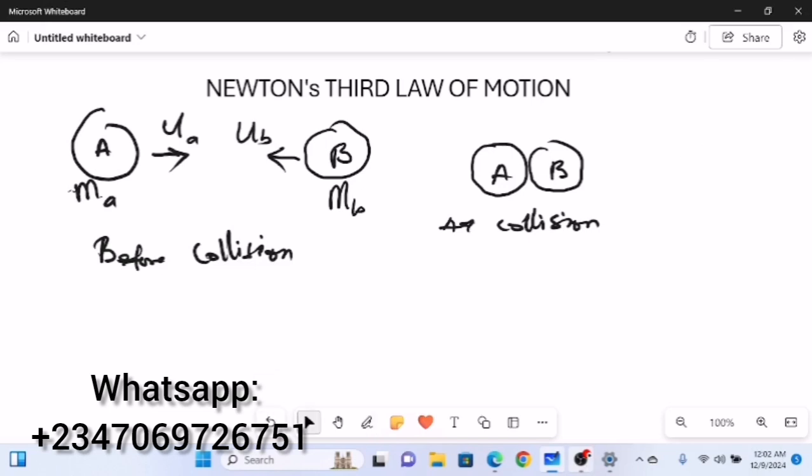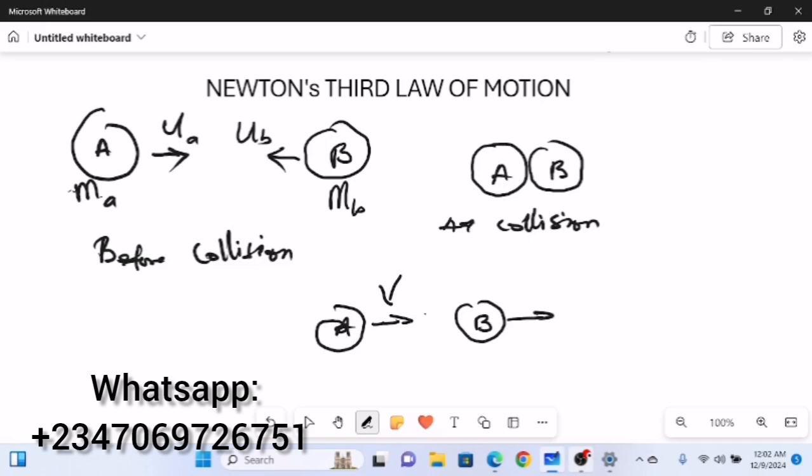So after collision, you have the two objects moving towards the direction of ball A. So this is ball A, and you have ball B moving in the same direction as A. The speed in this case we call the final speed.